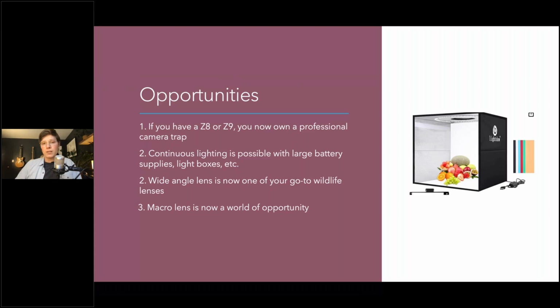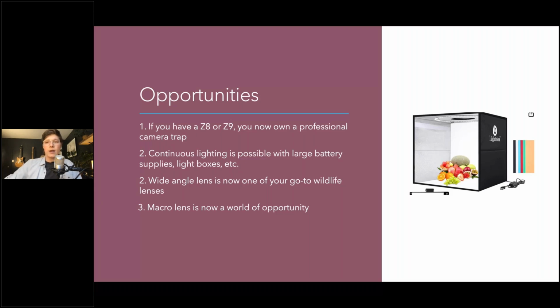The other aspect is that if you have a large battery to bring in the field, a big battery supply, you can power some continuous lighting options. There are a lot of different options. They're targeted towards essentially product shoots, but you can get these light boxes with built-in LED lights and you can choose how bright it is.